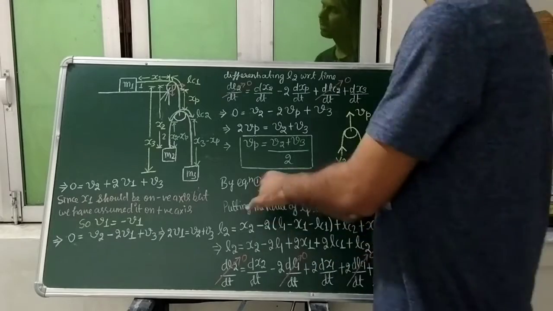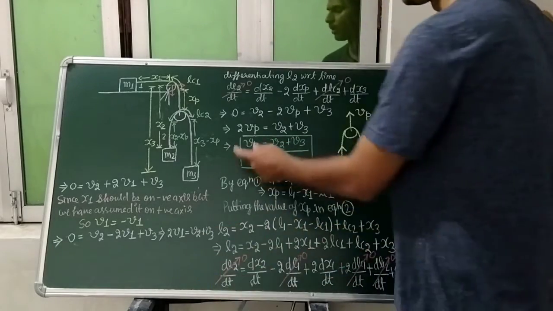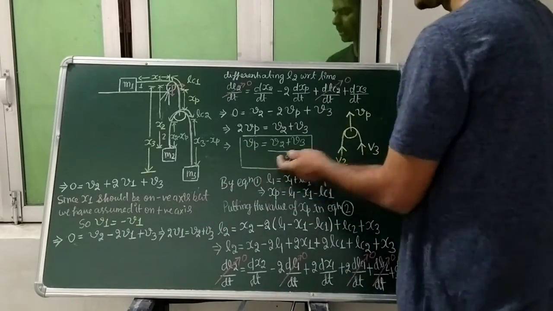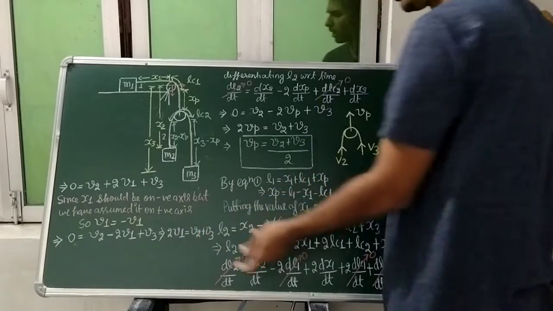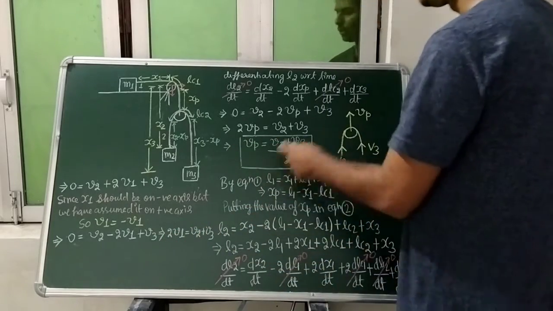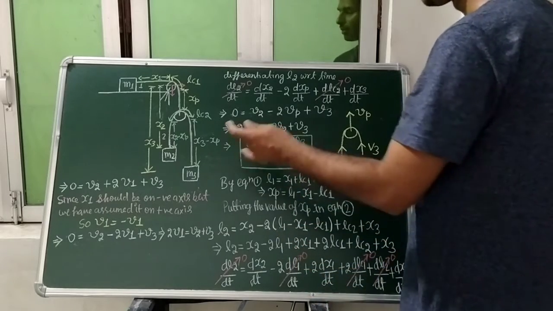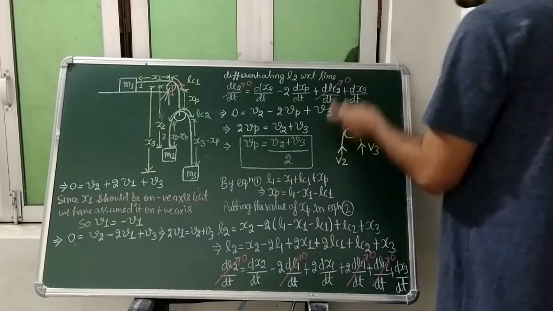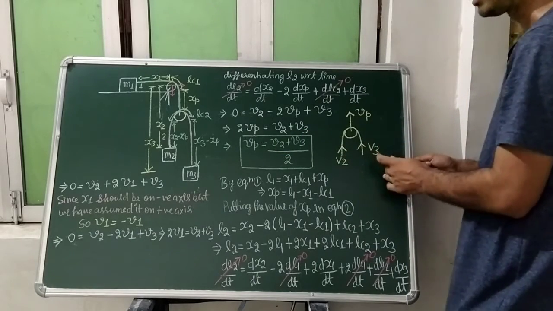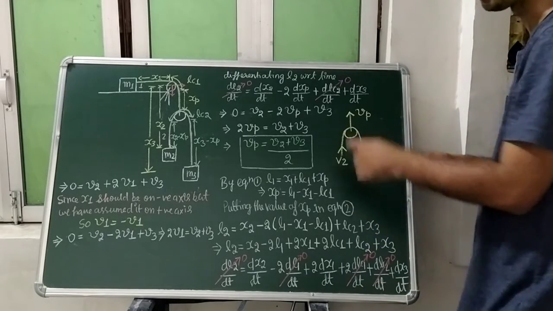And of course, the velocities V1 and Vp should be the same, isn't it? We are getting the same expression. V1 should be equal to V2 plus V3 divided by 2, and Vp should also be V2 plus V3 divided by 2. So from here we are now getting this kind of result that you will keep in your mind. It will help you in that problem.